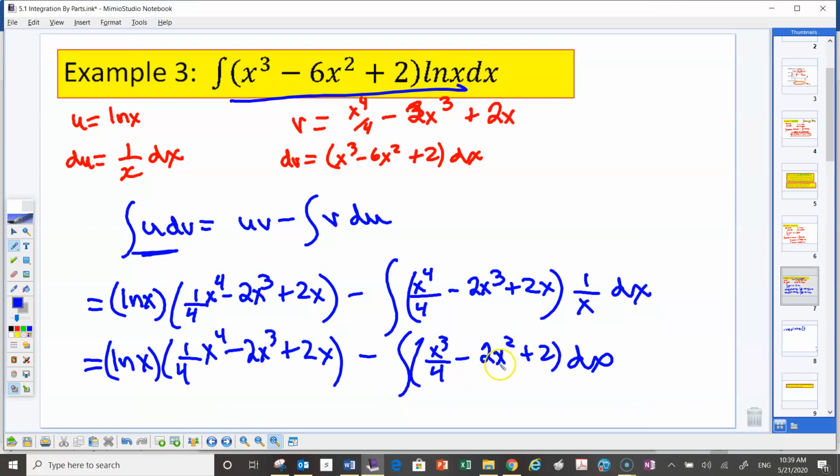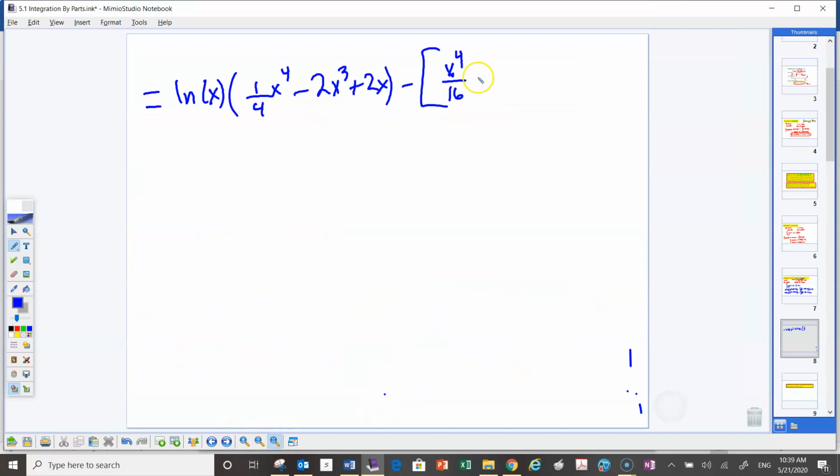The integral of this would be minus 2/3 x cubed. So minus 2/3 x cubed.